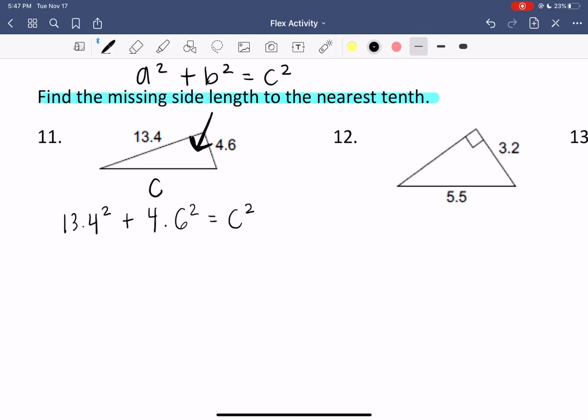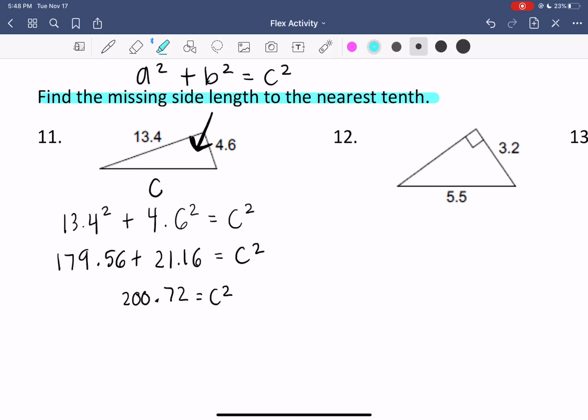So 13.4 squared equals 179.56 plus 4.6 squared is 21.16. Oh, sorry, not squared. We already squared it. And then C squared. When I add those two up, 179.56 plus 21.16, I get 200.72 equals C squared.